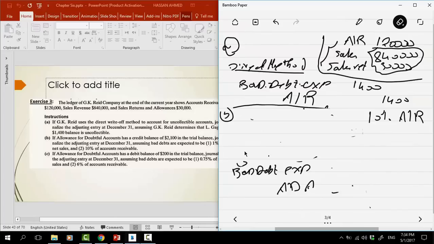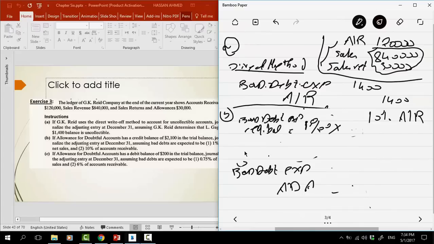We will get the bad debt expense. Bad debt expense under this method is called the required balance. 10% from the accounts receivable. Where is the accounts receivable? 120,000. Then it will be $12,000.